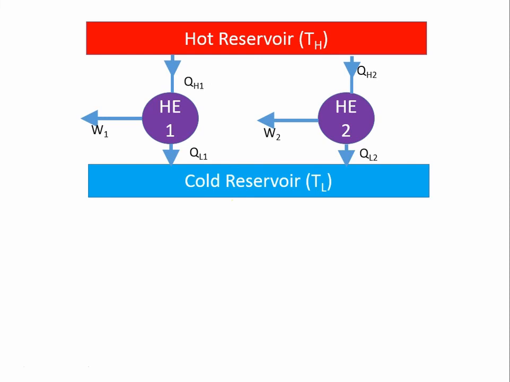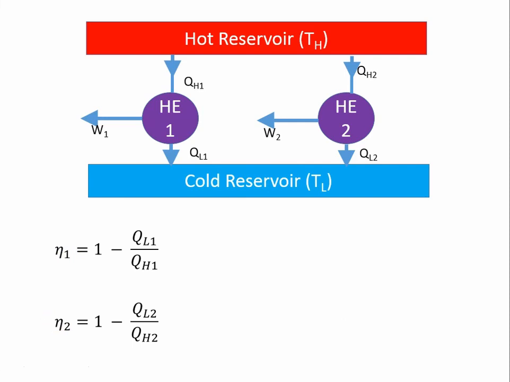The first heat engine is absorbing QH1 quantity of heat from the hot reservoir and rejects QL1 quantity of heat to the cooler reservoir and provides W1 work output. Whereas heat engine 2 absorbs QH2 amount from the hot reservoir, rejects QL2 to the cold reservoir and produces W2 work output. Since both of these are reversible heat engines, from the Carnot principles, we know that the thermal efficiency of the first heat engine is identical to the thermal efficiency of the second heat engine.